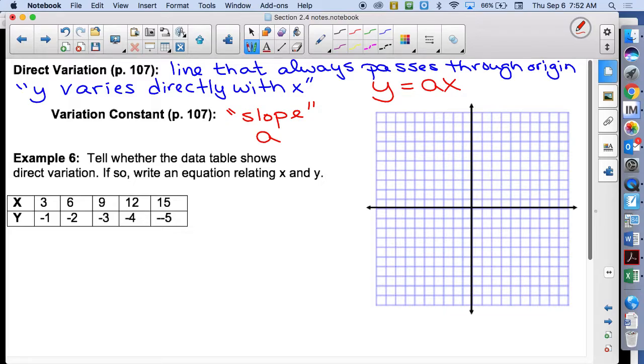Yeah, let's plot them on the graph. So if we plot them on the graph, we have to see, will this line go directly through the origin? Does it have a constant slope? Does it go up 2 over 1, up 2 over 1, up 2 over 1 every single time? Because that's what would make a direct variation. It has to go through the origin. It has to have a constant slope. So we have 5 pairs of points here. We can plot those 5 pairs of points.